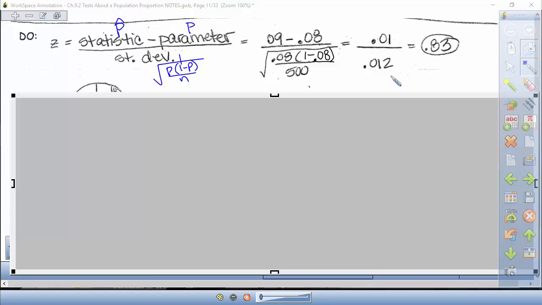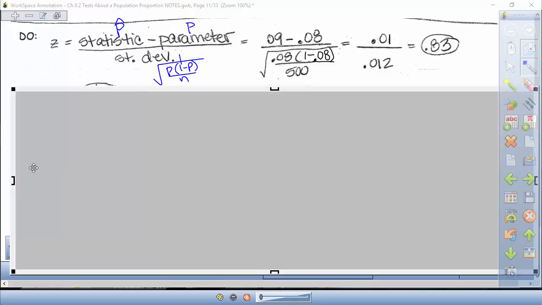Okay, what do you think we're going to do next? Draw a bell curve. Before I show it to you, I want you to think about what goes in the middle of the bell curve. Hey, y'all listen.